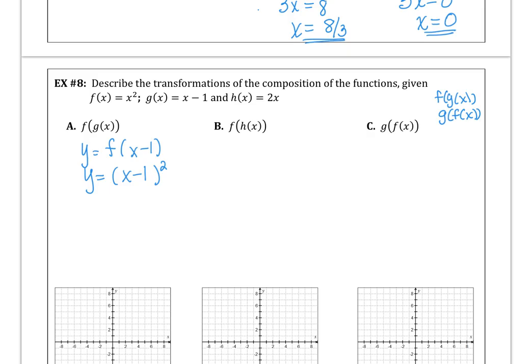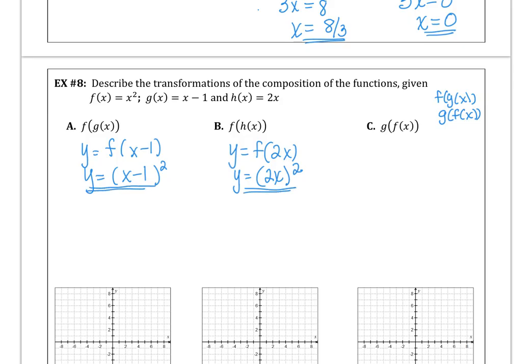The f of h of x is when y is equal to the f of 2x. So y is equal to f, which is x squared, with h plugged in, so 2x squared.